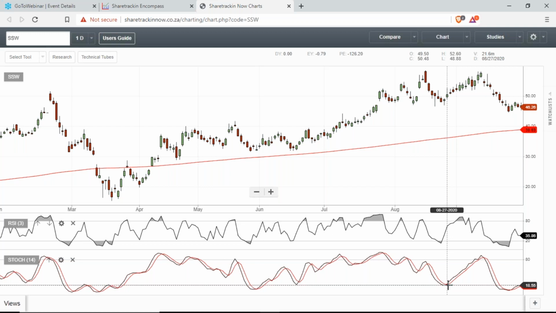But the difference between the two is that your RSI only has one line, whereas your stochastic has two. So your black line, that is your stochastic itself. The red line is called the signal line.